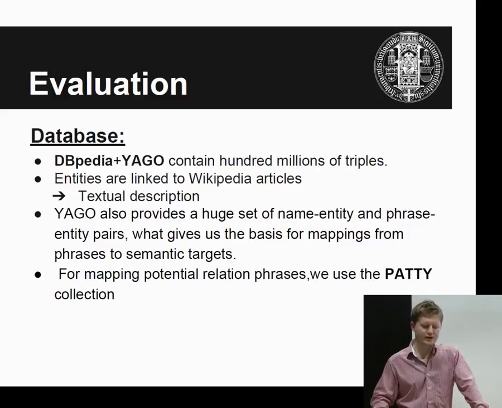Yago also provides a huge set of name-entity and phrase-entity pairs, which gives us the basis for mappings from phrases to semantic targets. Actually, this is a collection of paraphrases and surfaces to improve the mapping. And from PATTY, they take the collection, also a surface collection for relations, to improve the mapping of the relations.